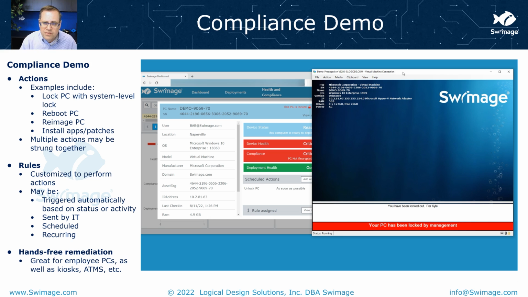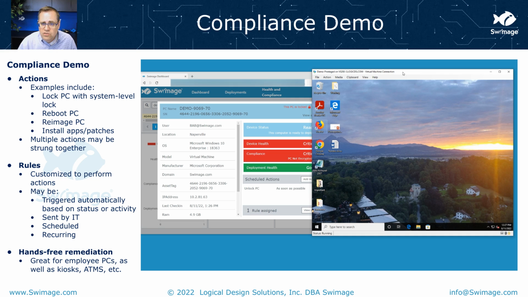Now that's just one example of some of the things you can do with these activities. You can reboot it, you can re-image it, so you can do multiple tasks. So I want to lock it out and I want to re-image the device. You can do that. That's really useful for kiosks and those public-facing machines. You can actually send those commands out if you see machines become out of compliance.